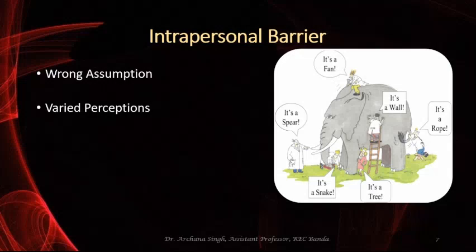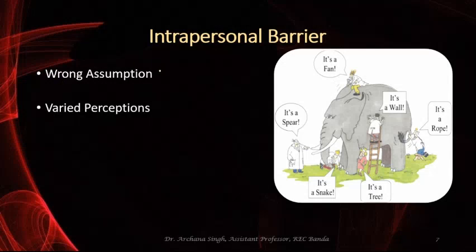Many barriers stem from wrong assumption. Wrong assumptions are generally made because the sender or the receiver doesn't have adequate knowledge about each other's background, or entertains certain false notions which are fixed in their minds. Let's try to understand this with an example.